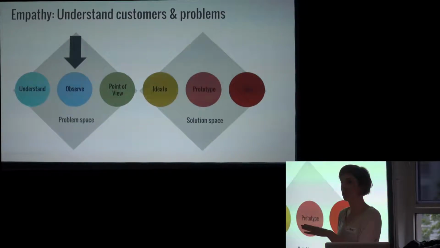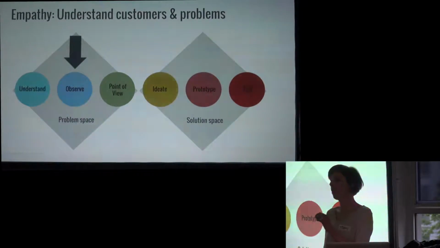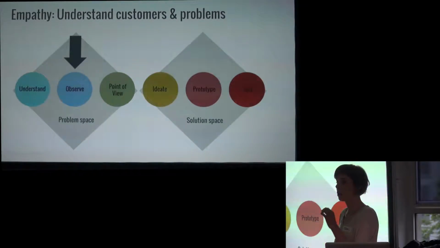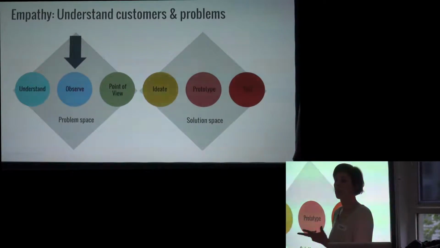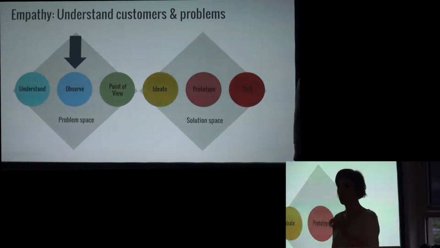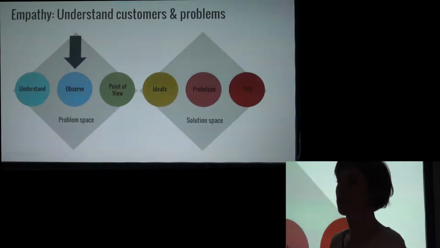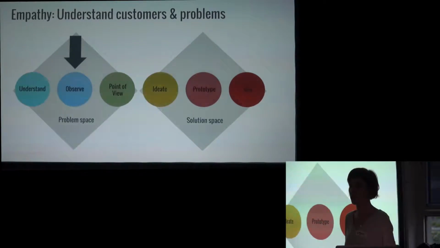If you want to start a project, you have to know what kind of problem you're going to solve. And you find that out by gaining empathy with the users, by really understanding what their problems are, who they are, how they do things, what they do, in what situations they are, why they're not doing certain things. And only if you really understand their motivations and problems and insights, then you can start actually building a product for them.